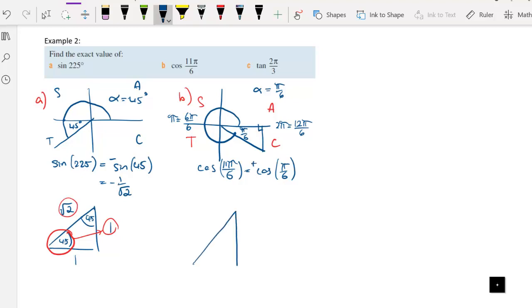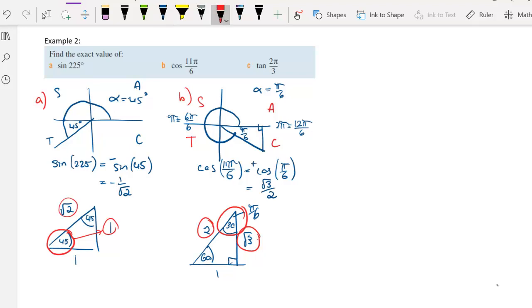So the standard triangle we'll use this time is 1, 2, square root of 3, and 30 and 60. Remembering that 30 is pi on 6. So we're looking at cos. This is our angle, adjacent over hypotenuse. So it's root 3 on 2. Means our answer here is square root of 3 on 2.